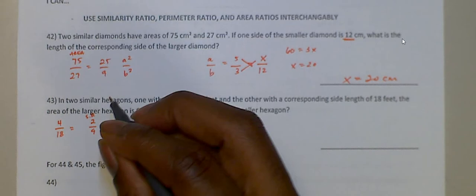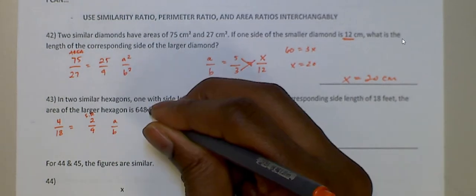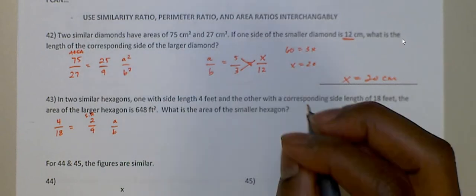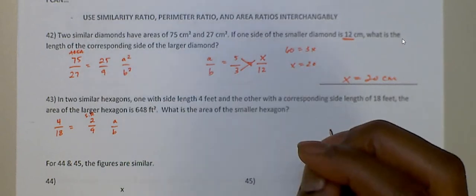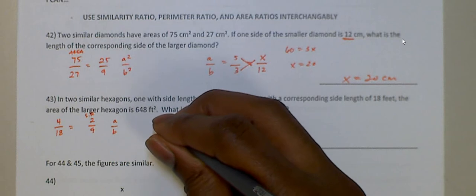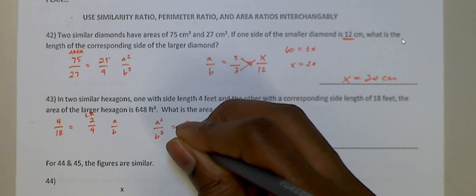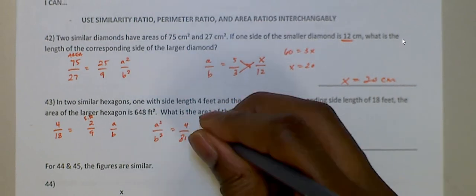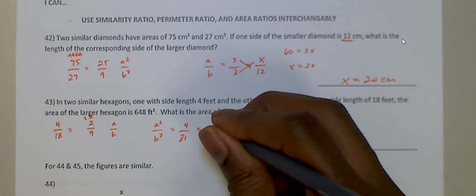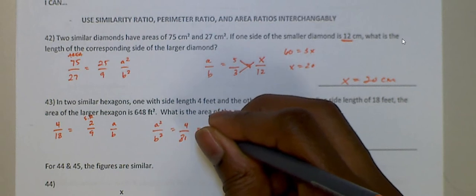So from the similarity ratio, remember that's A over B, they want us to use an area ratio to find out the area of the smaller hexagon. So A squared over B squared is the ratio that we're using here, 4 over 81. And the area of our larger one was 648.